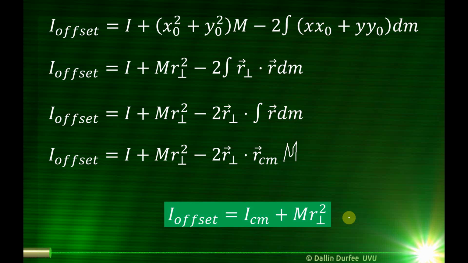So if I know the moment of inertia for an axis that goes through the center of mass, I can find the moment of inertia for any other axis which is parallel to that simply by taking the moment of inertia about the center of mass and then adding m r perpendicular squared, where r perpendicular is how far we moved our axis from the axis that goes through the center of mass.